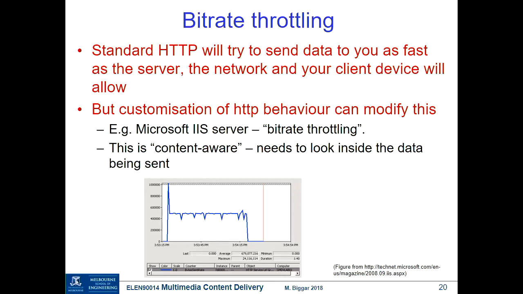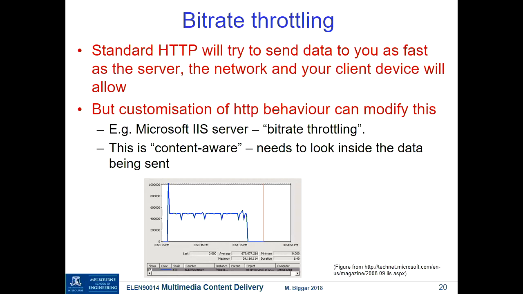But it's content aware. It looks inside the content and sees, oh, this is a movie and it's encoded at 4 megabits per second. So after I've initially sent this burst of data, I'll send it at an average rate of, what is it? Well, it's 500 kilobits per second in this case.